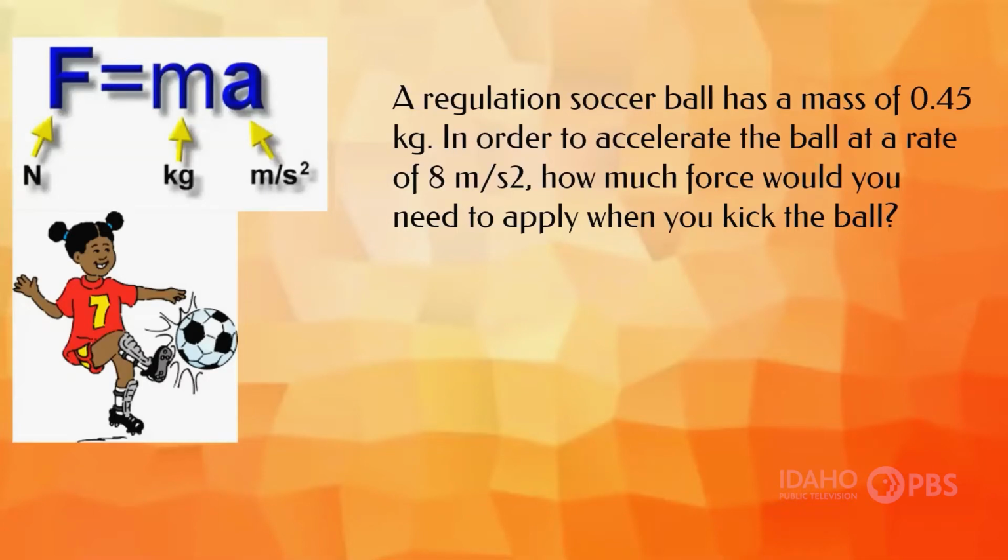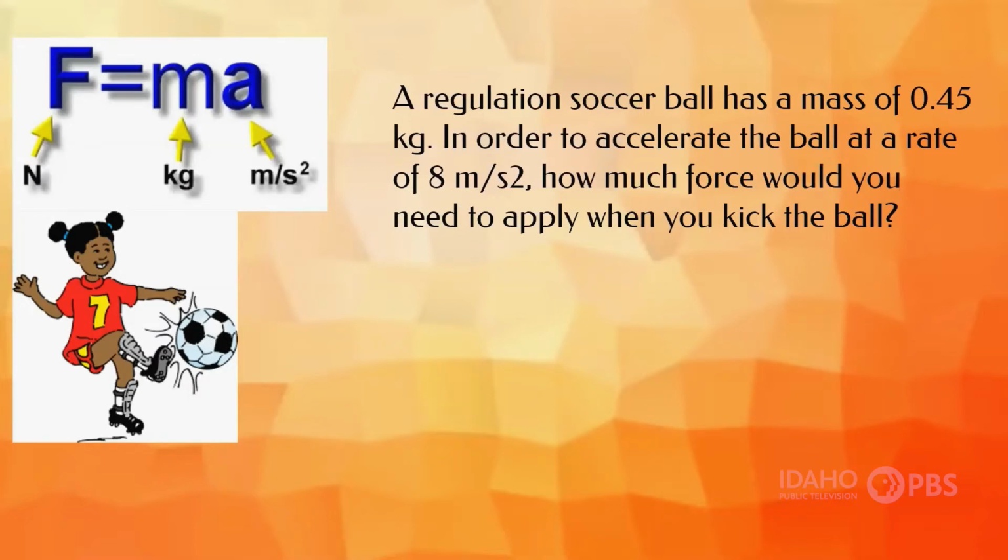Remember, Newton was a mathematician, so this is all about the formula of force being equal to mass times acceleration. Let's look at this in regards to the soccer ball. A regular soccer ball has a mass of 0.45 kilograms. And if you want to accelerate that ball at the rate of 8 meters per second squared, how much force would you need to apply when you kick the ball? So let's work through the formula.